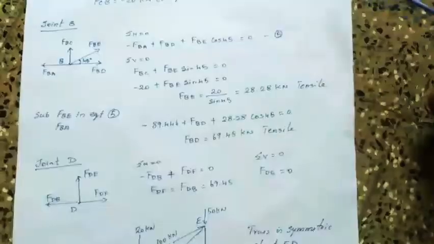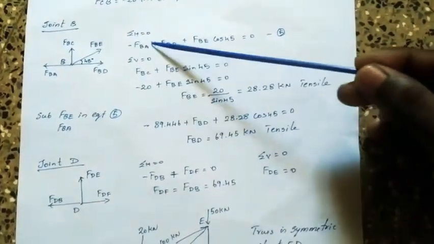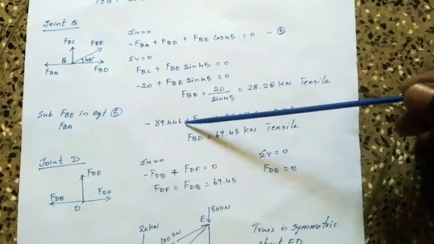So after getting FBE, we can substitute this FBE in equation 5. Already we have FBA, so we have to substitute this FBA value over here.